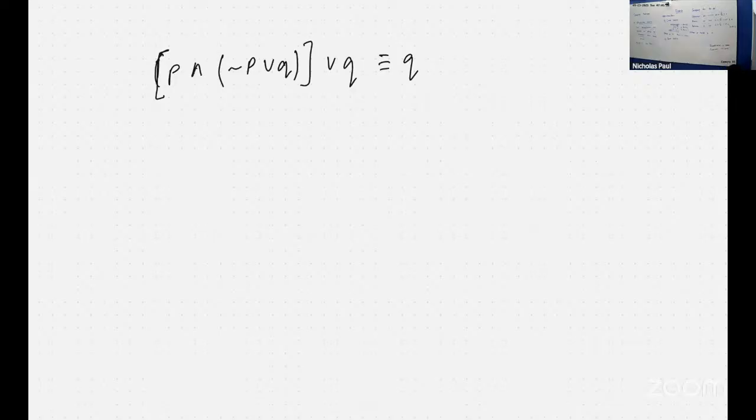So we're going to take a look at the expansion. I'm going to use the distributive law first. Right, so I'm focusing inside the bracket. I'll get P and the negation of P, or P and the negation of P. And then we know that P and its negation shall be false.